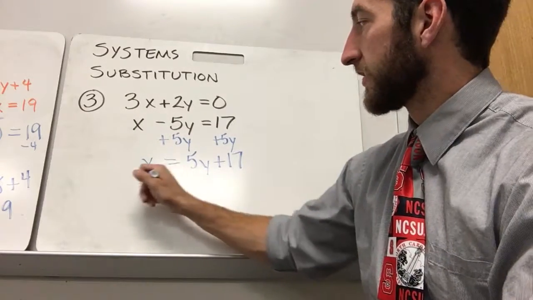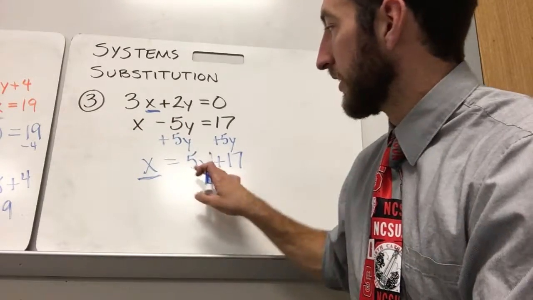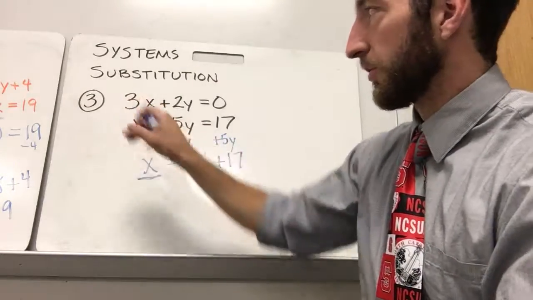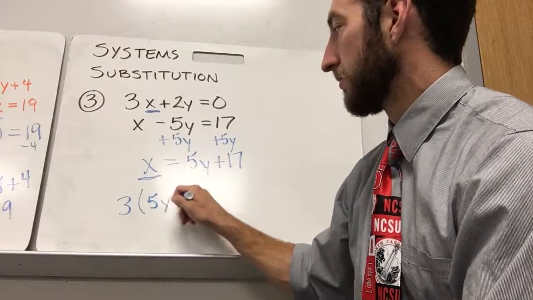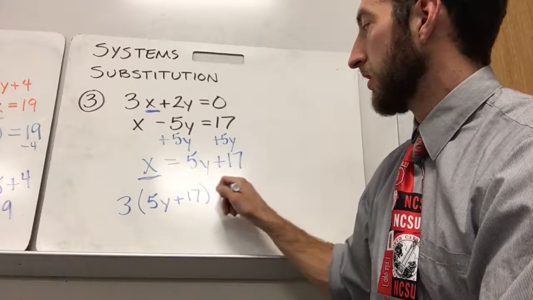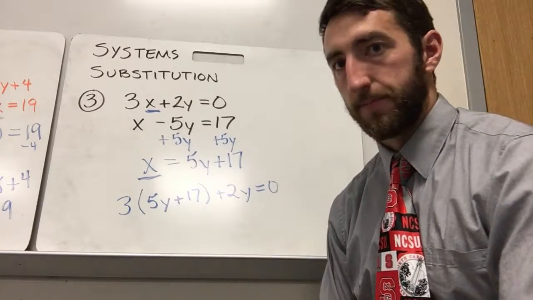Now that I have x here, I can replace it with my x in my other equation. So my 5y plus 17 now replaces that x. So it's 3 times 5y plus 17, plus 2y equals 0.